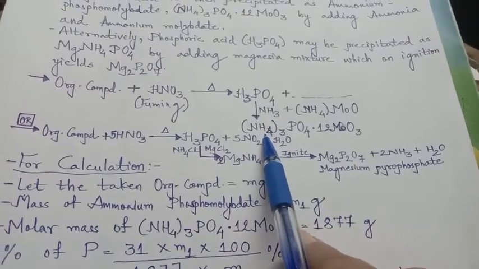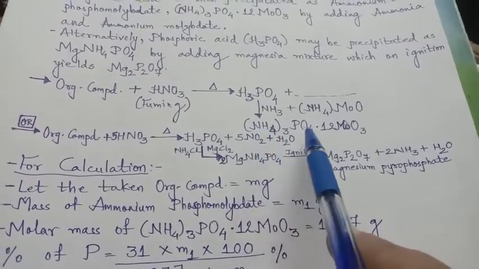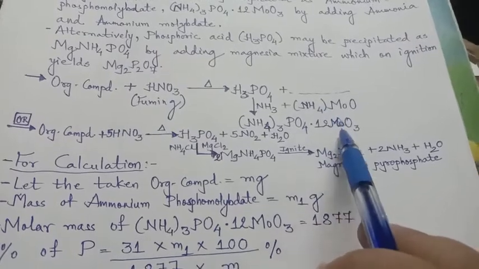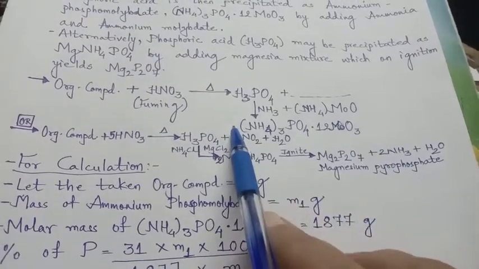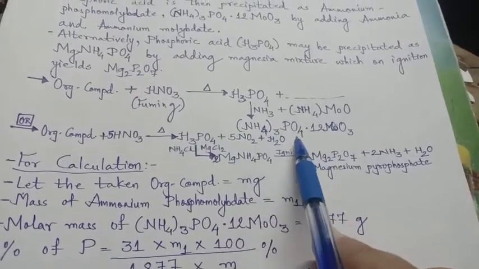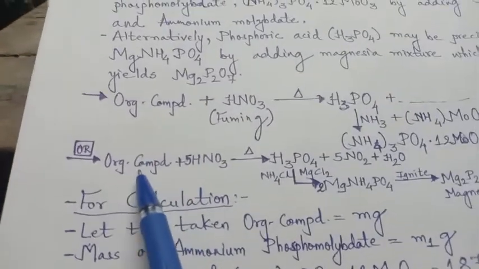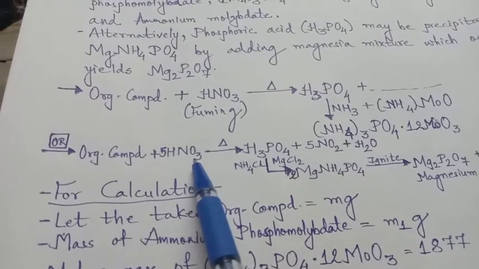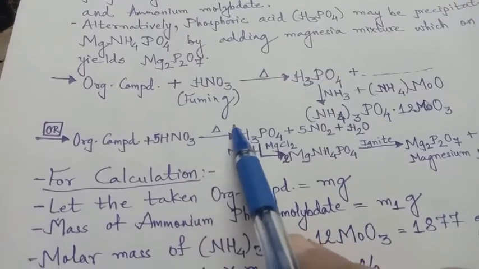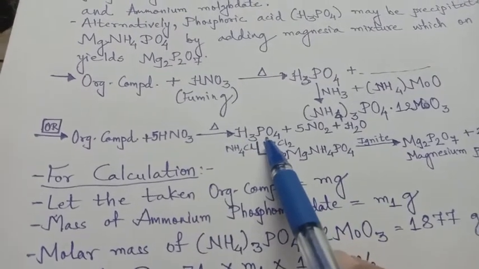And the product which is obtained is ammonium phosphomolybdate. This is the product, ammonium phosphomolybdate.